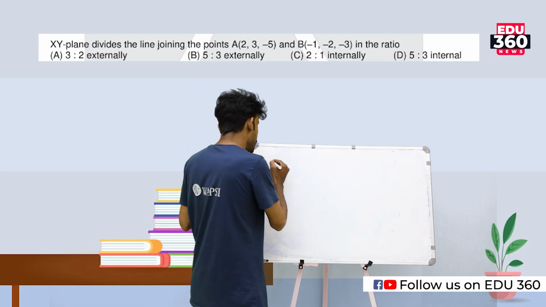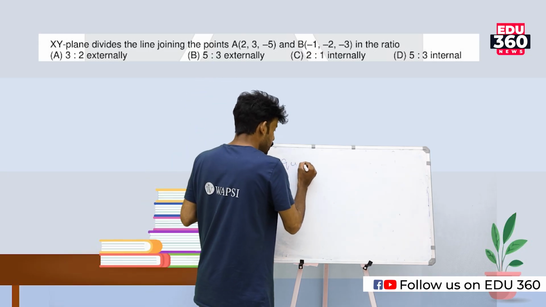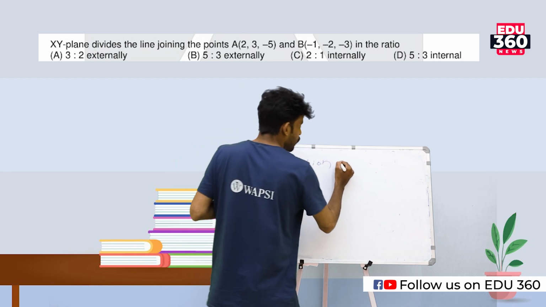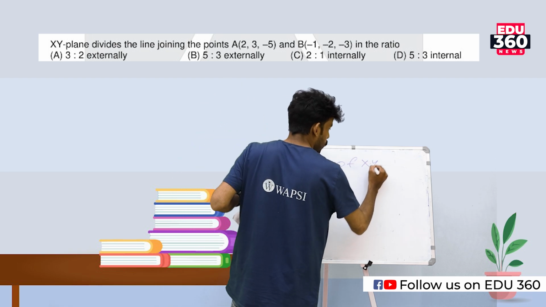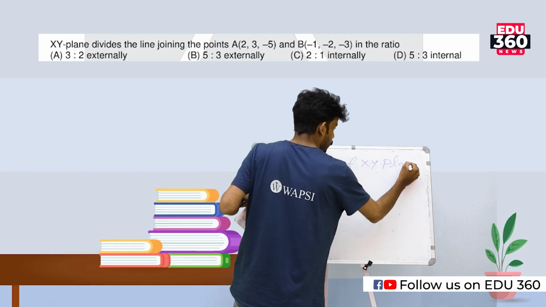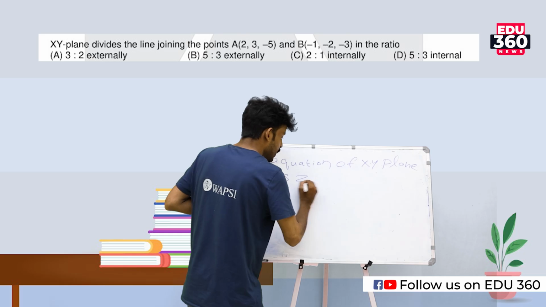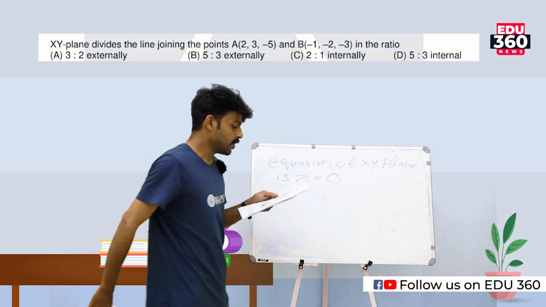So we can write the equation of XY plane. The equation of XY plane is Z is equal to 0.